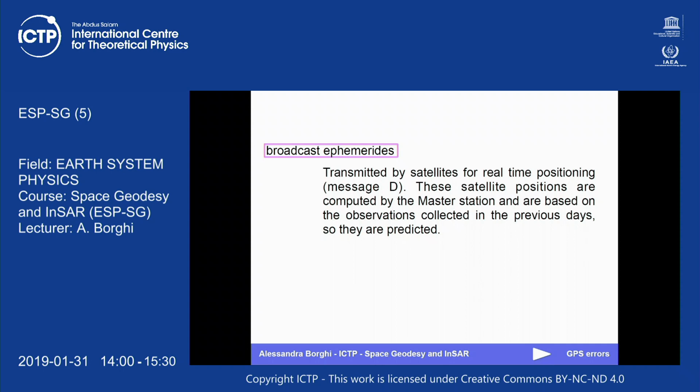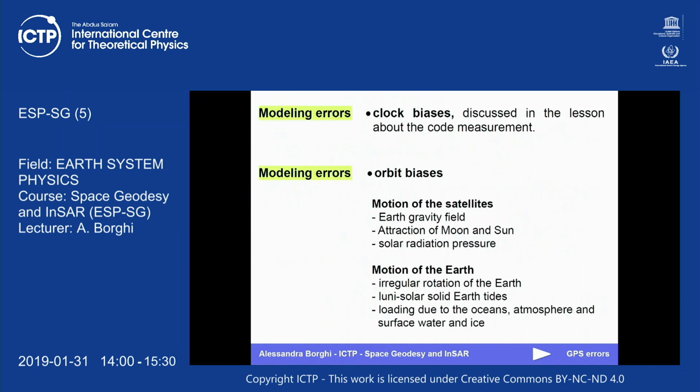For the reason that I've written here, the motion of the satellite is perturbed by a lot of things: the Earth's gravity field, the attraction of the moon and the sun, the solar radiation pressure, and so on.